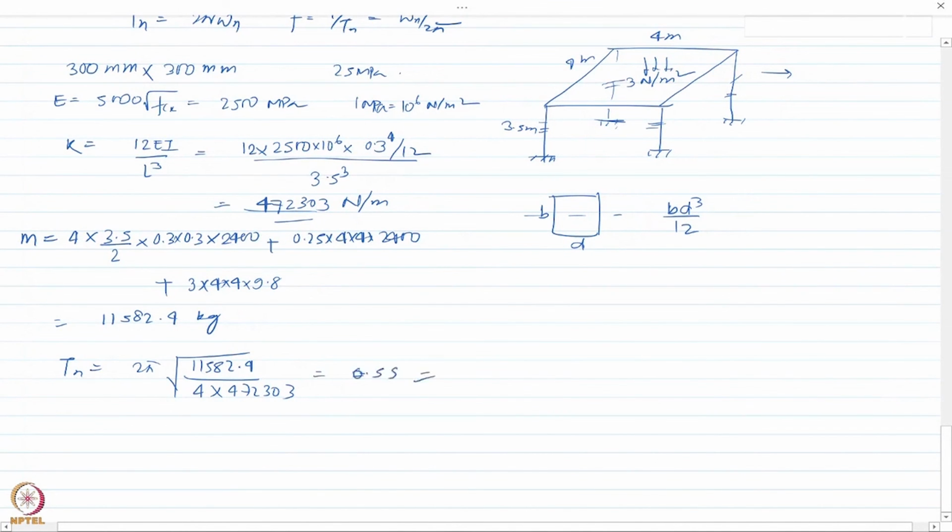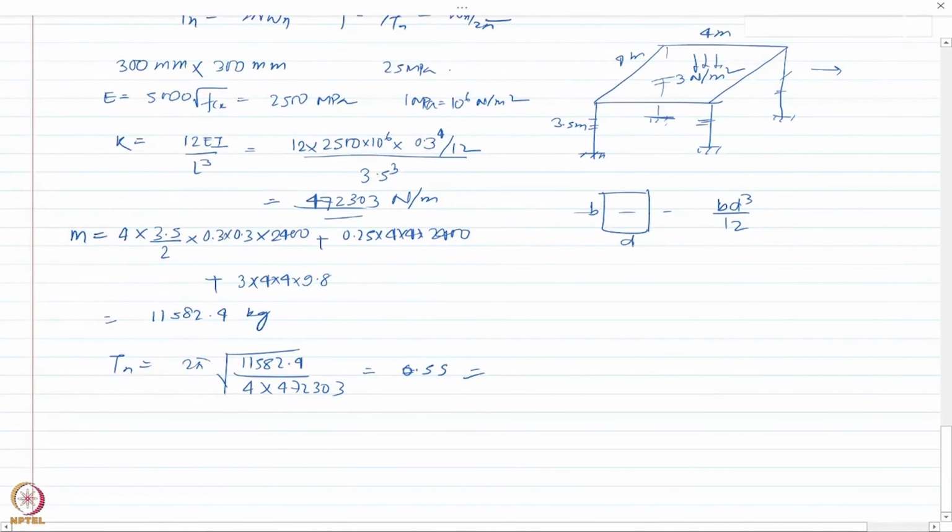And as you do more and more problems and calculate the time period, you would see that 0.5 second is very typical of low to medium rise buildings. As the height of the building increases, the time period would actually increase. But using these typical values, we have obtained the time period to be approximately 0.5 second.